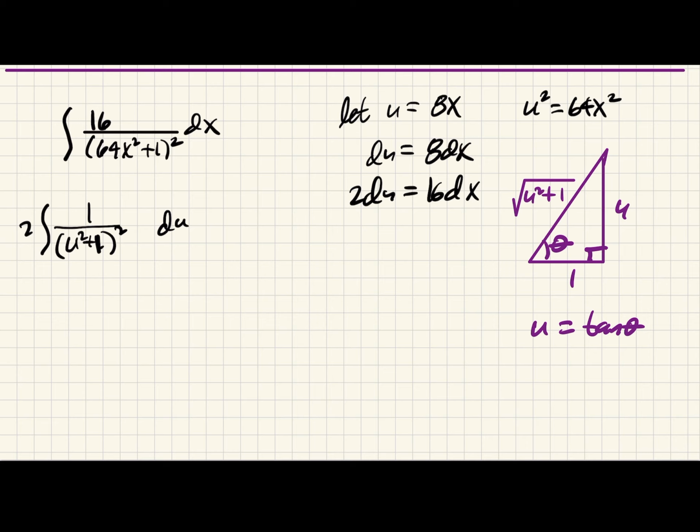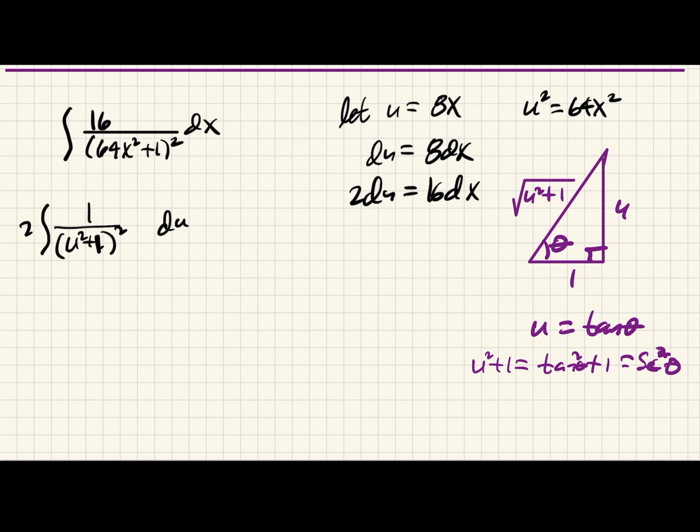Okay? Are we good so far? Okay. So we have u squared plus 1 will be tangent square plus 1, which is secant square, right? Theta. Secant square theta.